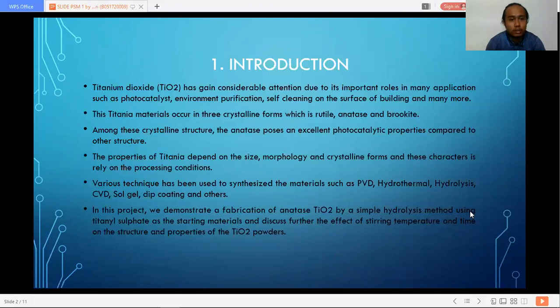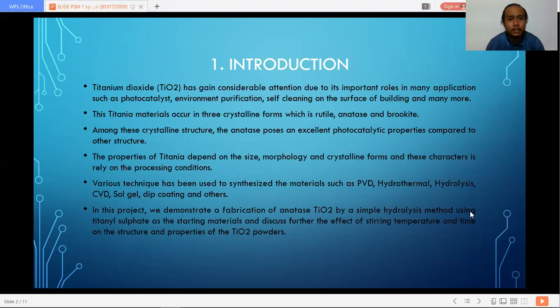These titanium materials occur in three crystalline forms, which are rutile, anatase, and brookite. Among these crystalline structures, anatase possesses excellent photocatalytic properties compared to the others. The properties of titanium dioxide depend on the size, morphology, and crystalline forms, and these characteristics highly rely on the processing conditions. So it highly relies on how we process the titanium.